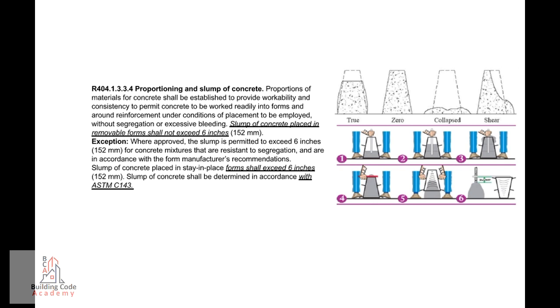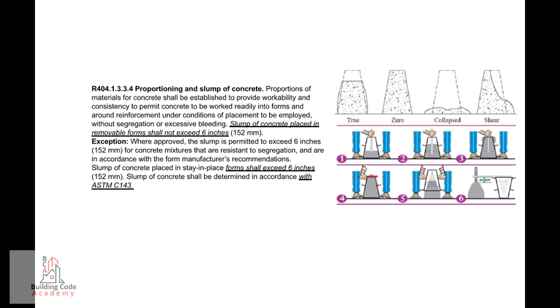R404.1.3.3.4 Proportioning and slump of concrete. Proportions of materials for concrete shall be established to provide workability and consistency to permit concrete to be worked readily into forms and around reinforcement under conditions of placement to be employed, without segregation or excessive bleeding. Slump of concrete placed in removable forms shall not exceed 6 inches, 152 millimeters.